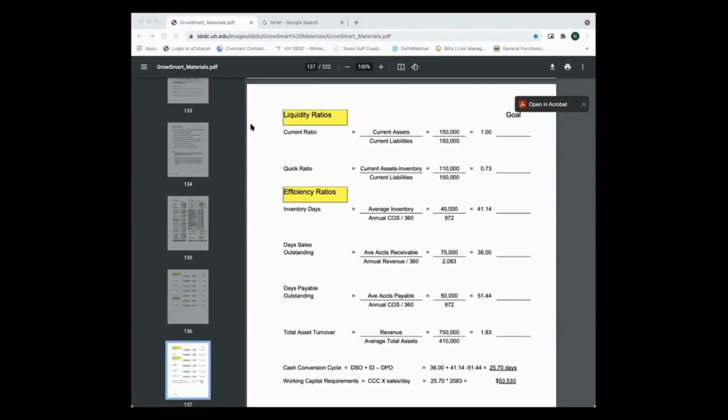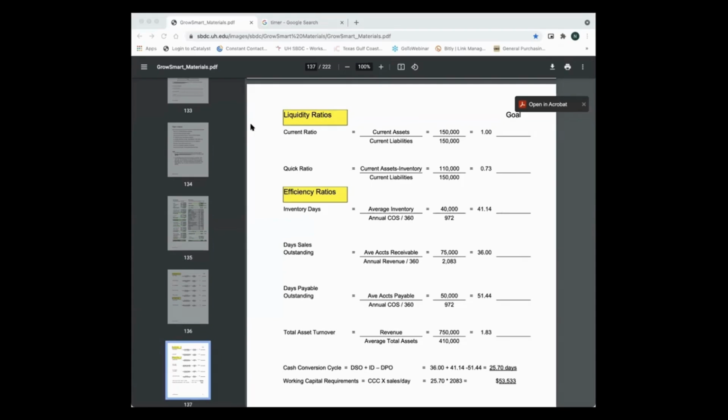The next efficiency ratio is called days sales outstanding. Some people call this days receivable. Same thing. We calculate days sales outstanding by taking our accounts receivable divided by our annual revenue divided by 360. We call that average daily revenue.